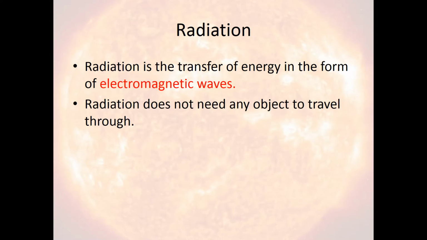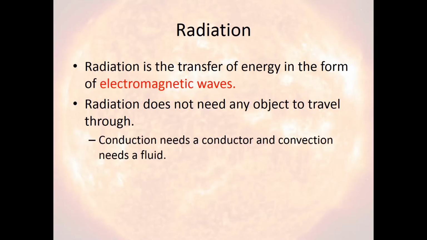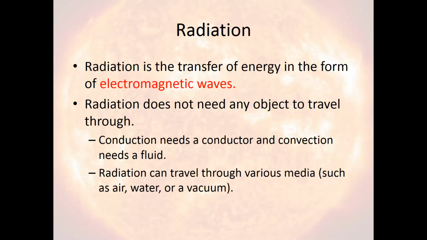Now, unlike conduction, which needs that intermediate object, or convection, which needs that fluid, radiation needs nothing to travel through. It can travel through empty space, it can travel through water, it can travel through air, it can travel through many different types of media. Whereas, as I said, conduction needs a conductor, convection needs a fluid. Radiation can travel through all kinds of things.